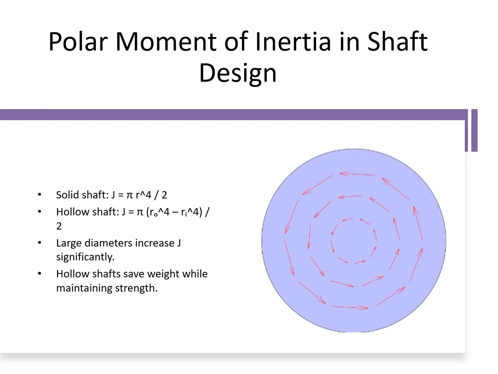That is our moment of inertia. For a hollow shaft, it's pi times the outside radius to the fourth power minus the inside radius to the fourth power, over 2. And as I hinted at earlier, larger diameters increase J significantly, especially since they're to the power of 4 in both of these equations.